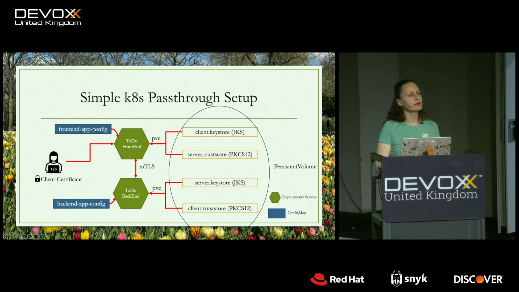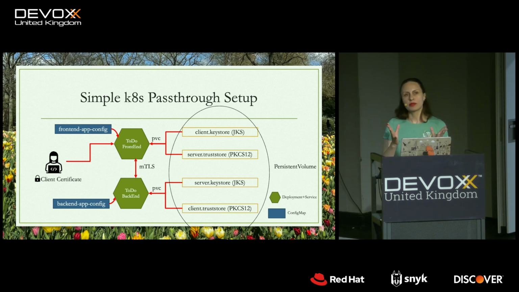Then I need to overwrite my application configuration, and I can do that from a config map called frontend app config and backend app config. That's great. Then I can store my key stores and trust stores in a volume or a secret because they're files, and I can create those from files. But that's a lot of resources to be thinking of and to manage.